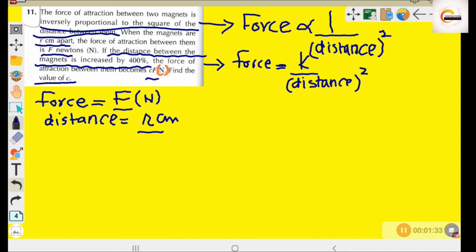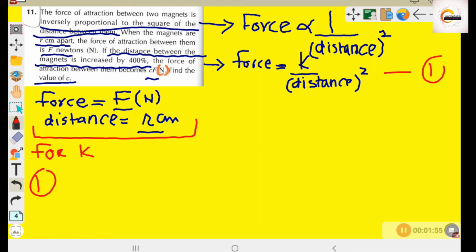Okay, so first of all, using these values, I am going to find out the value of K in terms of R and F. So our formula number 1 will become, in place of force I am going to write F, K will remain same, and in place of distance I am going to write R, but here the distance is square, so it's going to be R square.